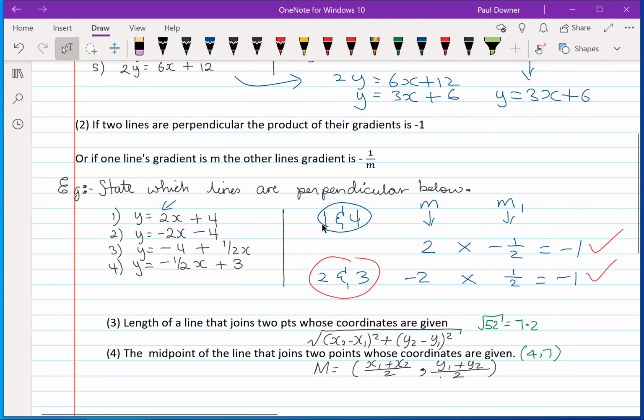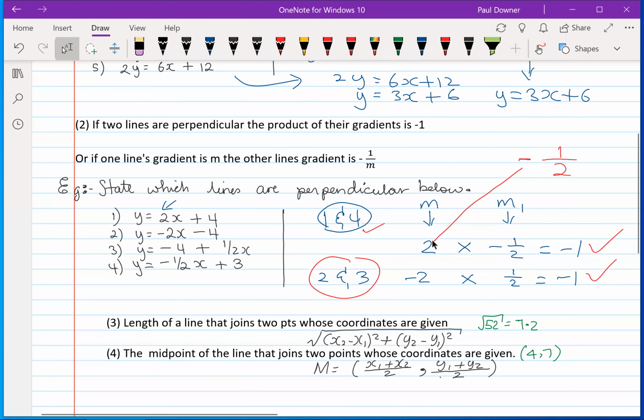Also, let's just do it for this option here. If you take the gradient from line 1, which is 2, and we put 1 over it, so we put 1 over m, 1 over 2, and you multiply by minus 1, then that should be the gradient of the other line that it is perpendicular to. And look, that's the case here.